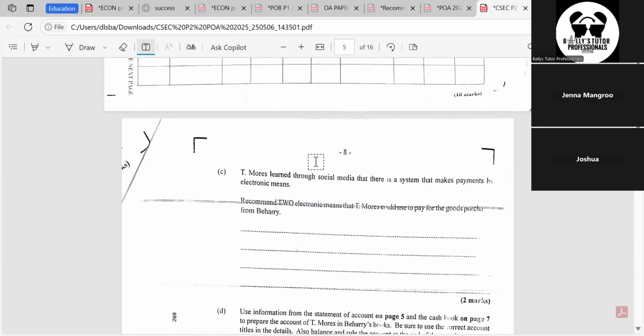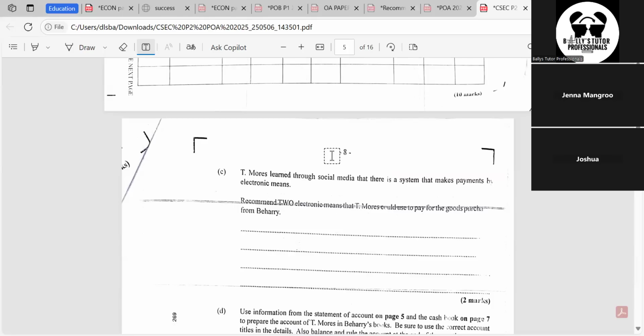Then they said the team learned through social media that there's a system that makes payments by electronic means. Recommend 2 electronic means that the team could use to pay for goods purchased from Bihari. How can you make payments electronically?